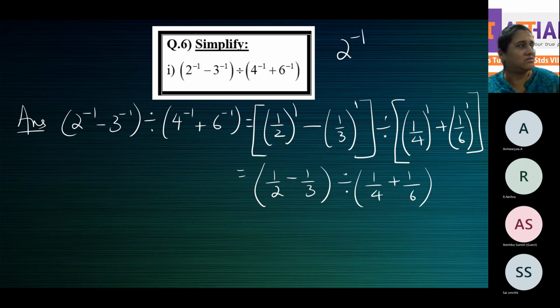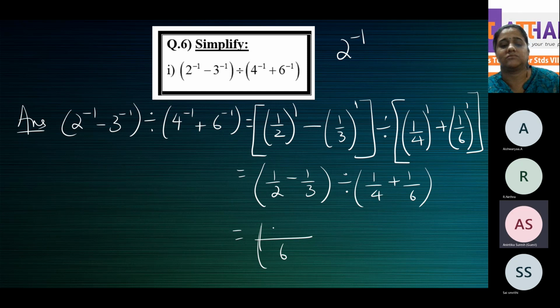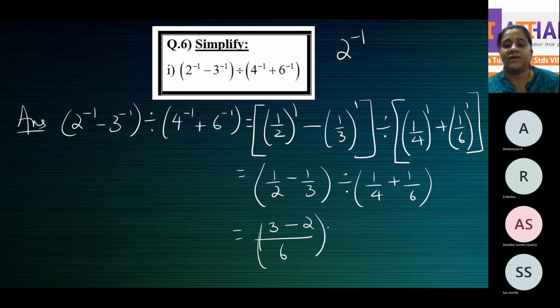Now it's just LCM, children. It's just LCM. Aishwarya Shri, what's the LCM of 2 and 3? 6. And what should I write in the numerator? Three, 2 divided by what's the LCM here?